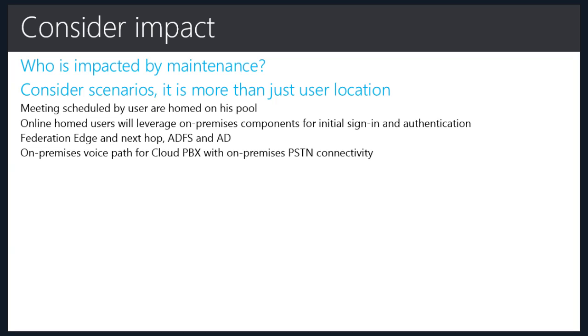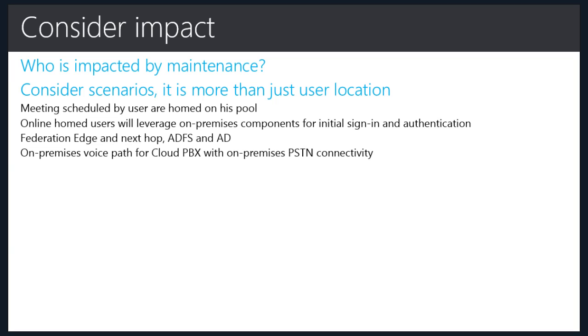So one more thing here, if we think about impact and the velocity of patching, is the period of interop. Whenever you start patching, how fast should you actually proceed?